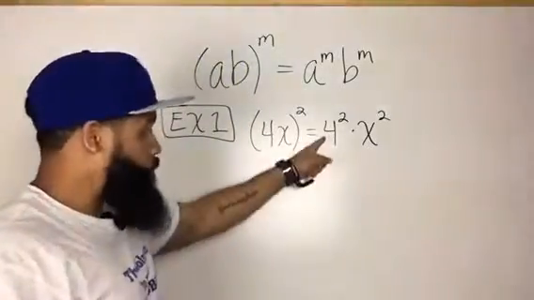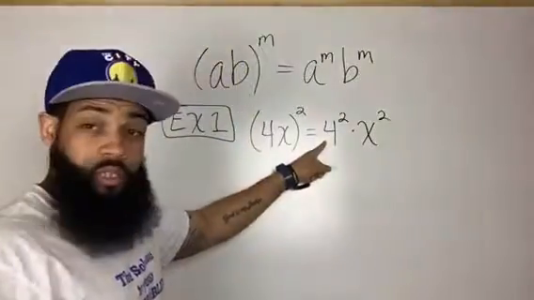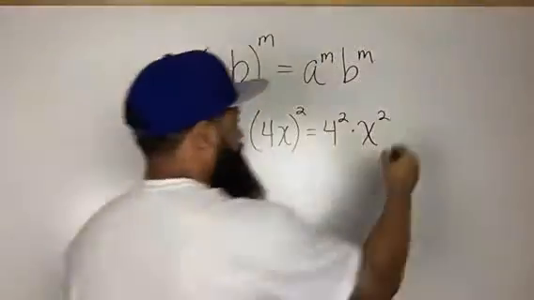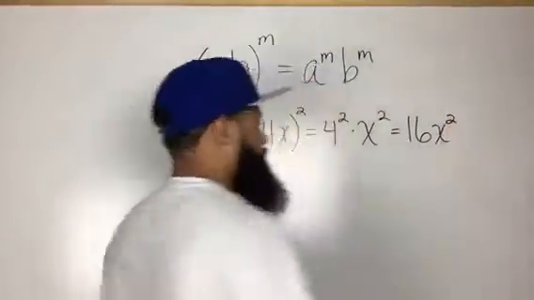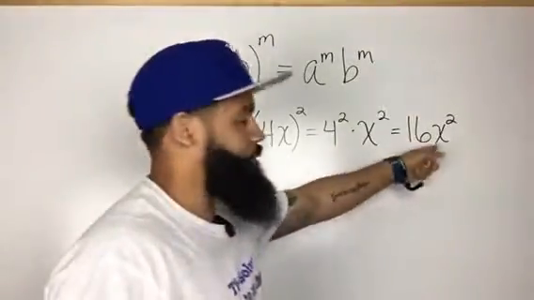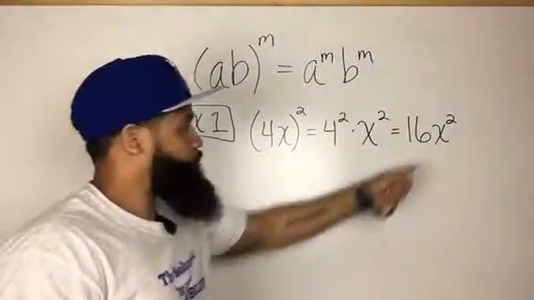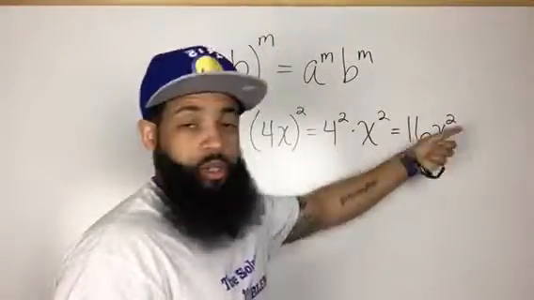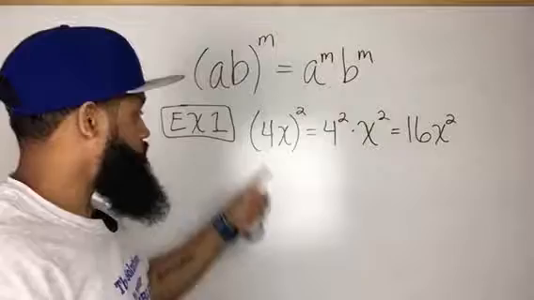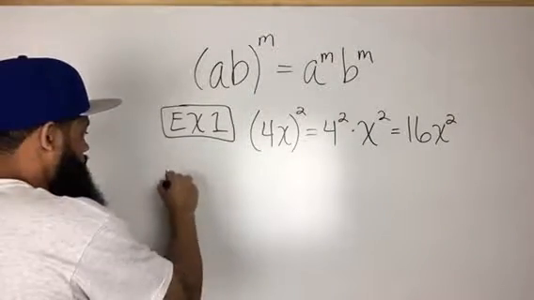Now in this case, we know what 4 to the second power is. It's 16. So that gives me 16x squared. Notice I can remove the dot because it's just a coefficient and then a variable term. So 4 to the second power is 16. X squared is just x squared. And that's that. So I took everything to the second power.